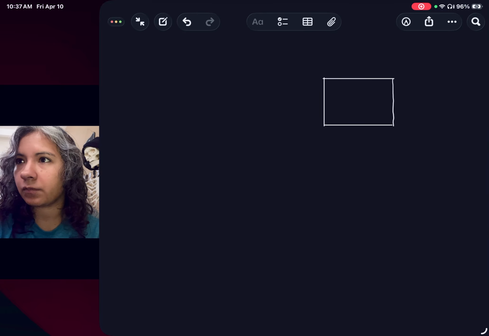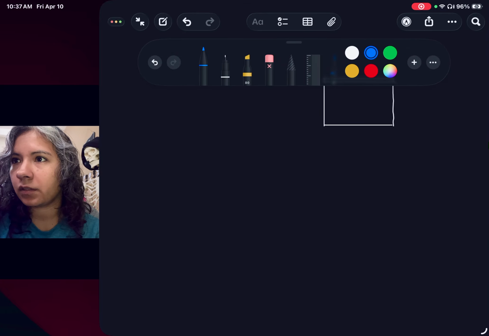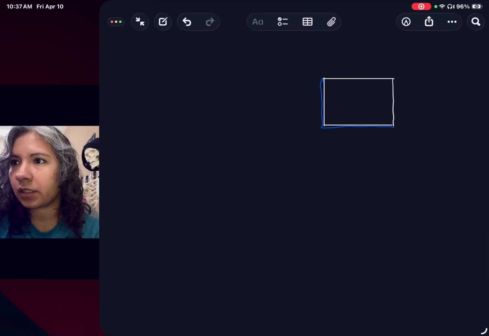So for the area of a rectangle, we do length times width.